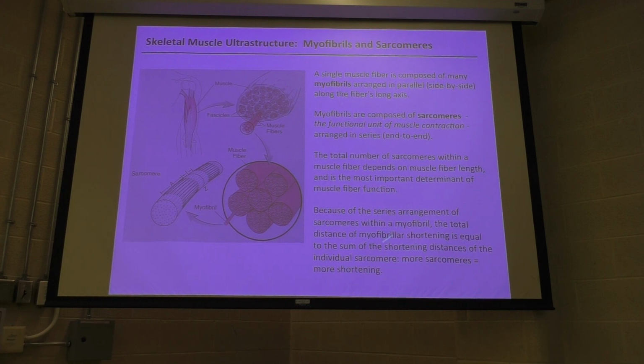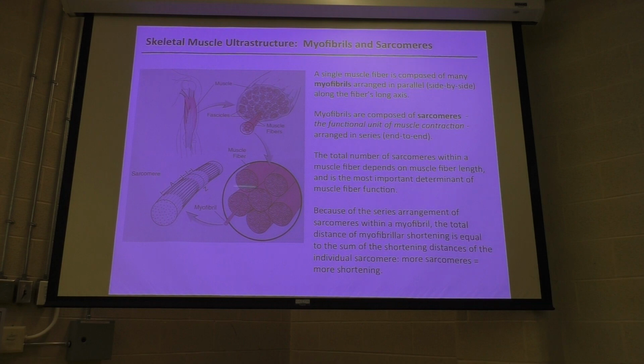What I think he's trying to say here is the more sarcomeres you have, the more total shortening you have, but it doesn't mean there's any change in shortening between each sarcomere. So every sarcomere changes, roughly speaking, they shorten at the same speed, the same amount.